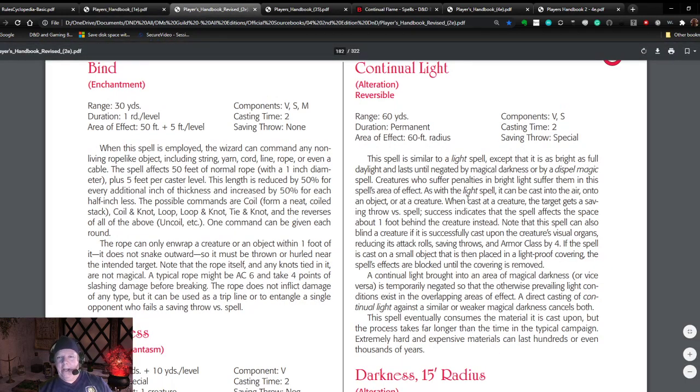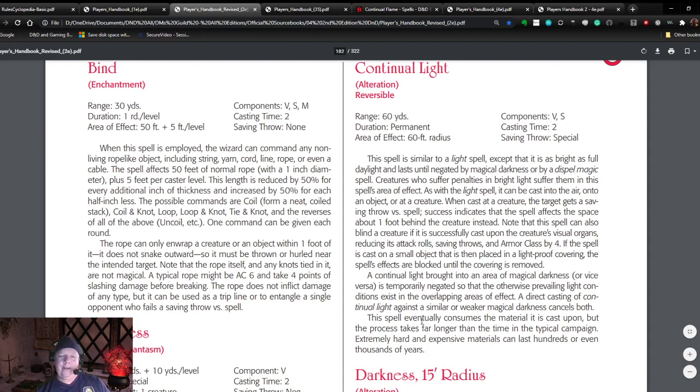Second edition, pretty much the same as first edition. It does specify that it talks about blinding creatures and putting it on objects and everything like that. It does specify that continual light brought into an area of magical darkness is temporarily negated so that otherwise prevailing light conditions exist in overlapping areas of effect.